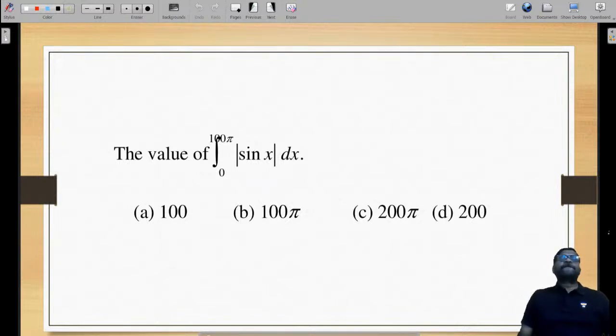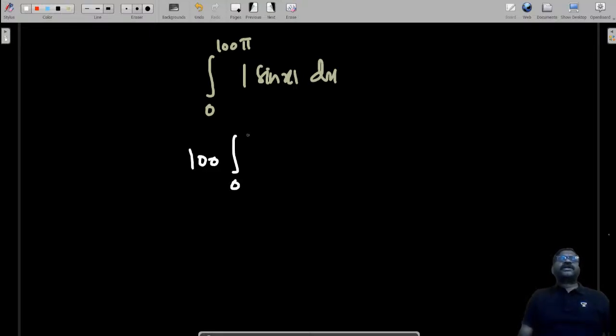Observe here, it is a periodic function with period pi. That's why you can write 100 into integral 0 to pi mod sin x dx.